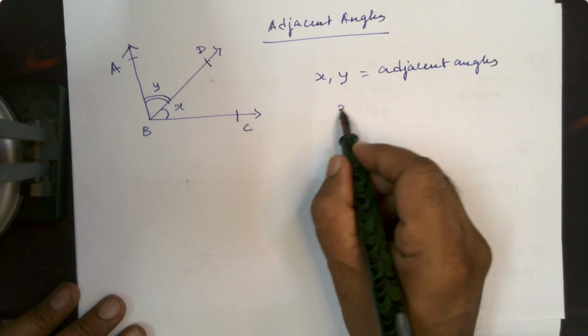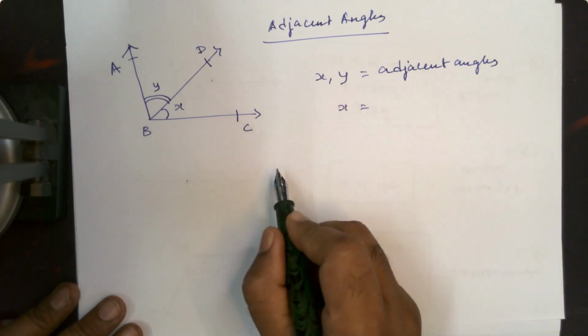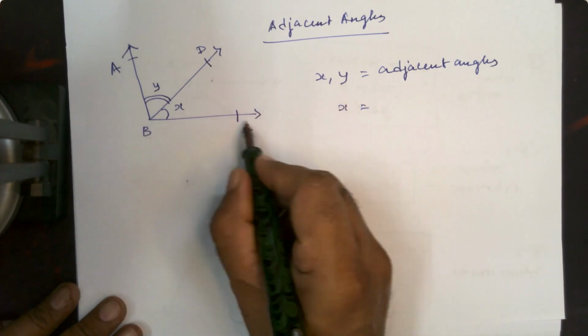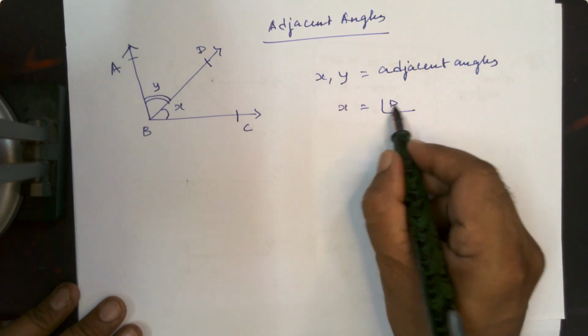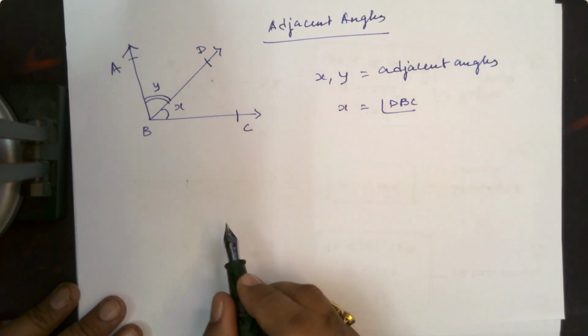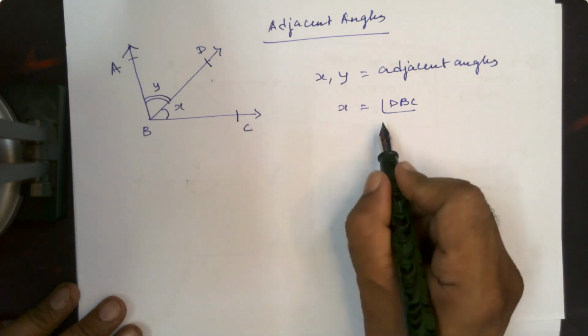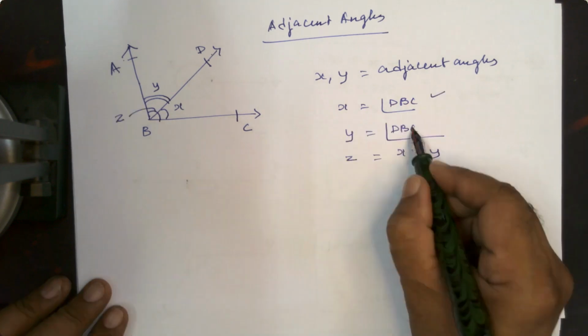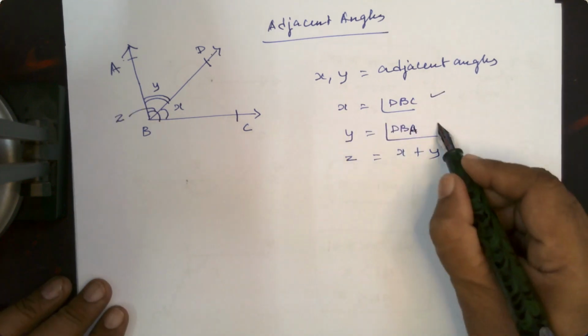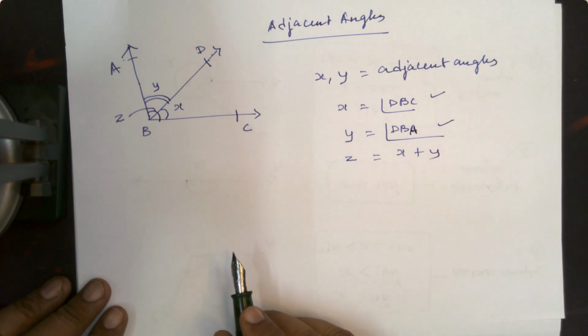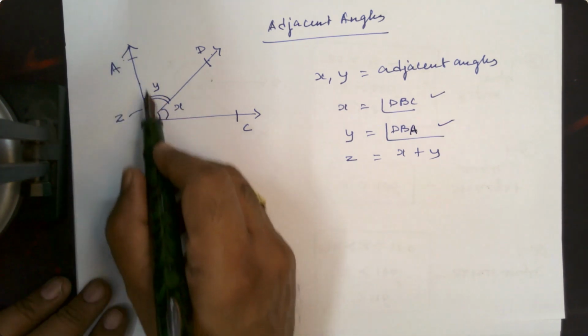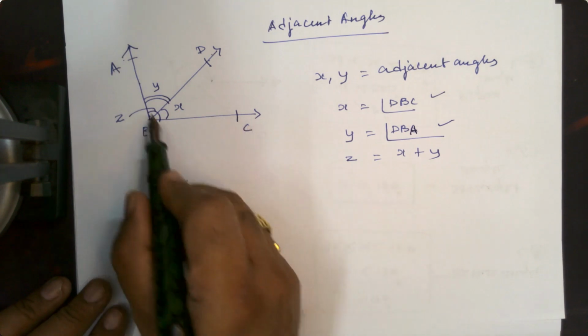So what is X here? It is represented as angle DBC. You can call it measure of angle also. Y, okay? Then X plus Y we can represent as ABC. X plus Y is ABC or CBA.